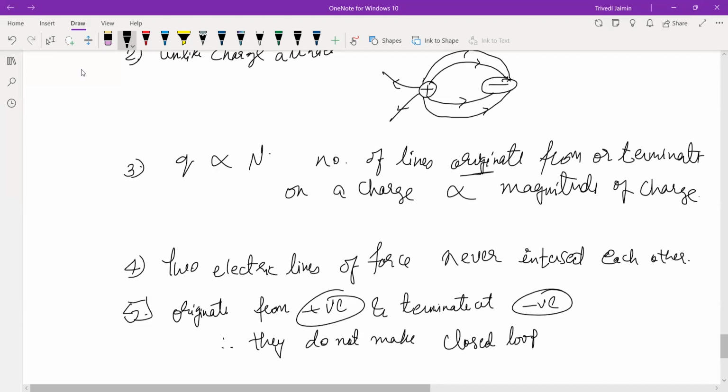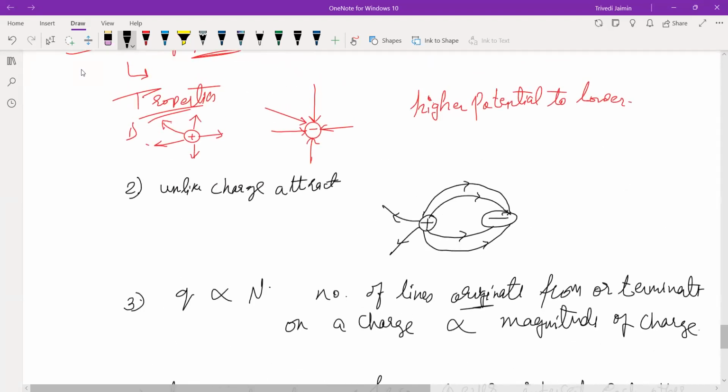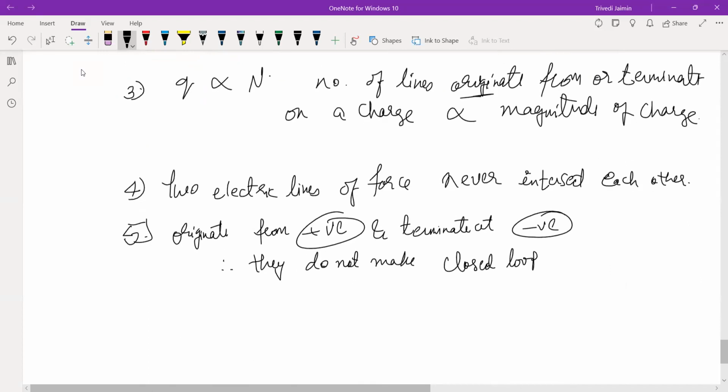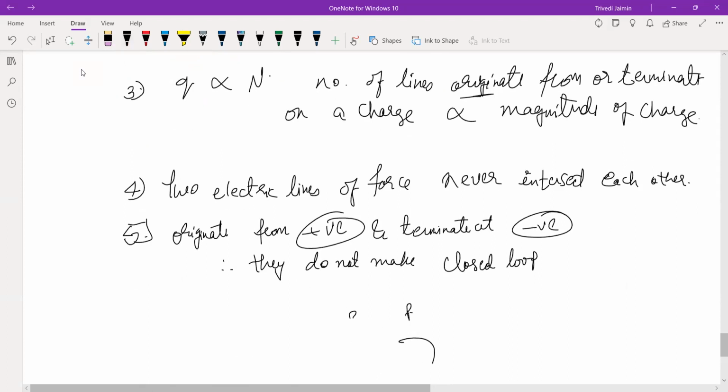As we are drawing here, even in magnets we have studied, when we are drawing, so many field lines cross here. At the poles, North Pole and South Pole, the strength is more, which is represented by its density. We are drawing so many lines from there. Same manner here also.